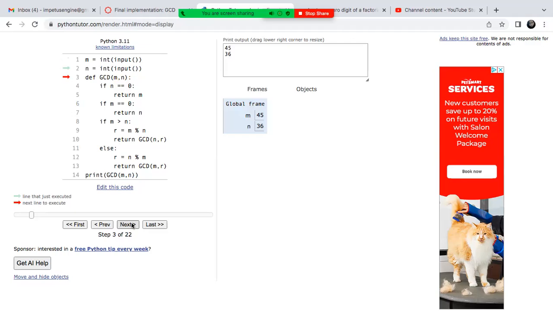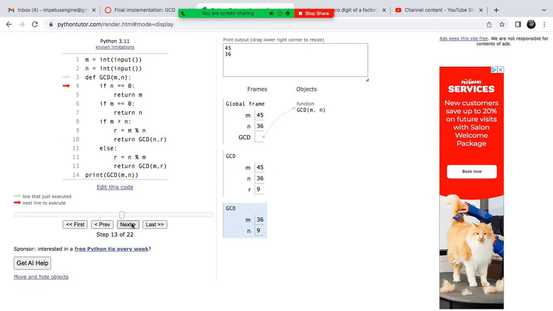We have two inputs, 45 and 36. We print the GCD, and then we go into the definition. We don't have any m or n equals 0. Since 45 is greater than 36, we compute m mod n, so we have a remainder, which is 9, and then we return the GCD of 36 and 9.